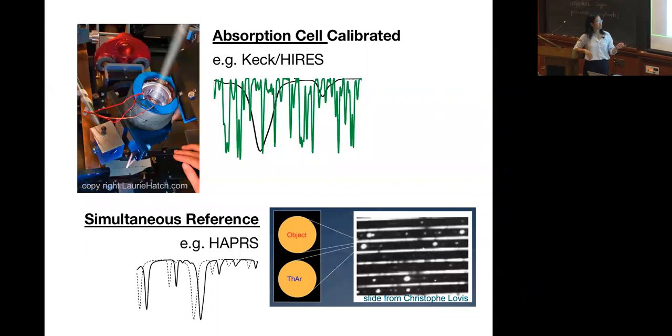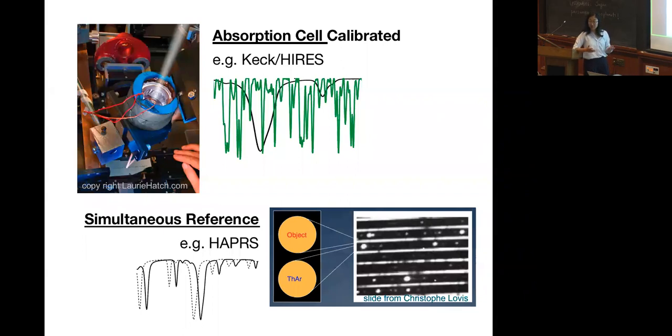So sometimes what you do is you feed the object into one fiber and you feed a thorium-argon lamp into another, and the thorium-argon lamp tells you the wavelength of your pixel grid. And sometimes if your spectrograph is stable enough, you can get rid of thorium-argon, and you just know the wavelength solution will stay in a certain pattern, and then you get the wavelength solution for each spectrum at each epoch, basically, and then you measure the Doppler shift. So now we have those 2 types of instruments to measure the RVs.